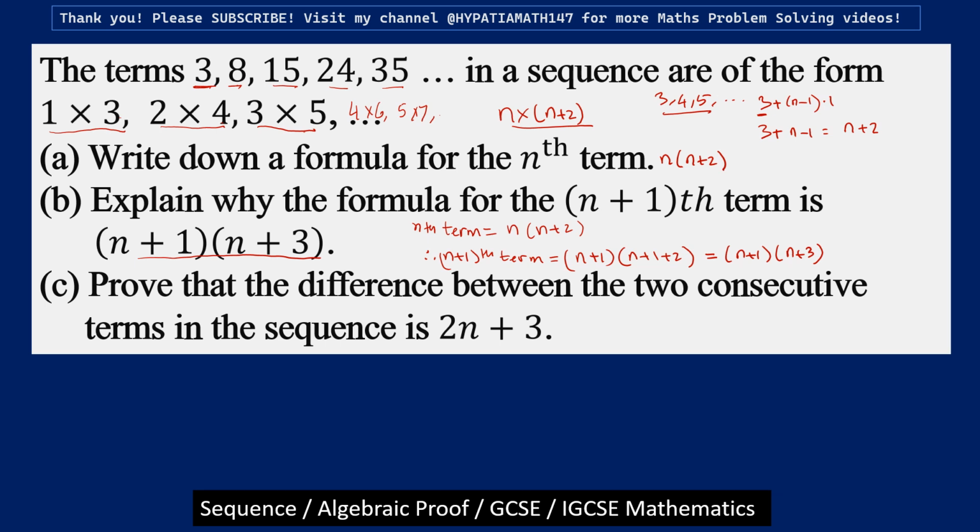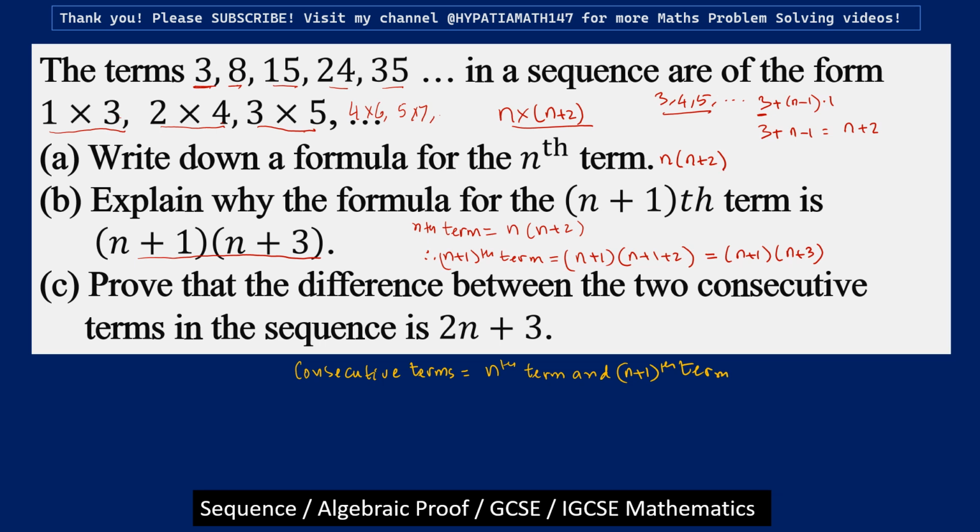Okay, so then they are saying prove that the difference between two consecutive terms in the sequence is this. So consecutive terms would be the nth term and the n plus 1th term.